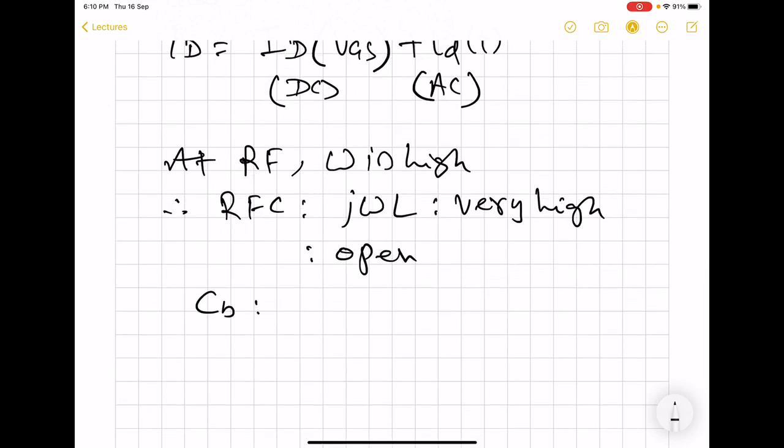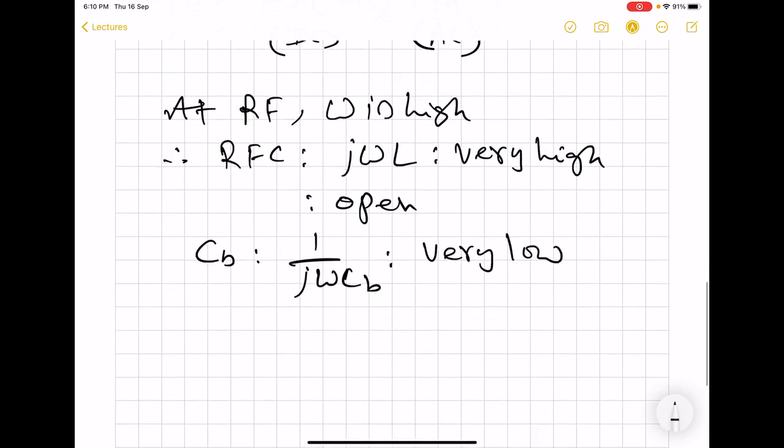While for CB, the reactance offered is going to be 1 over j omega CB, and this is going to be very low. So this one will be acting like a short circuit, right?